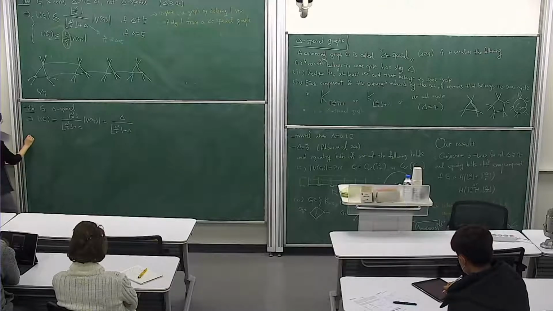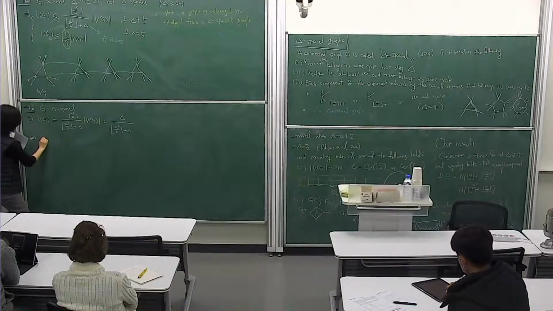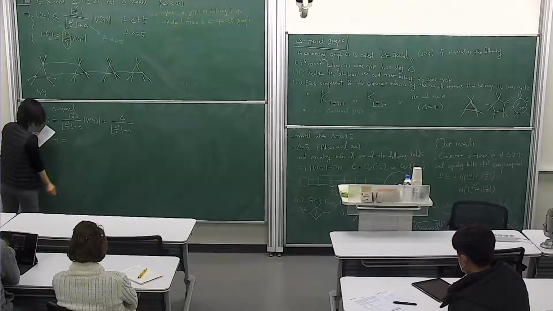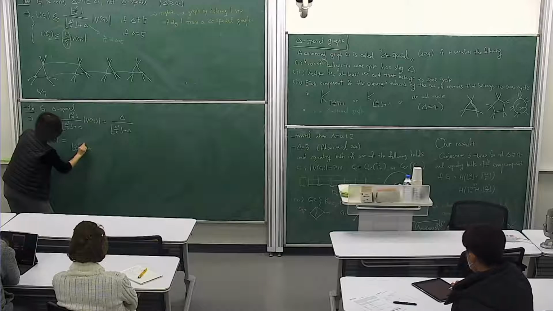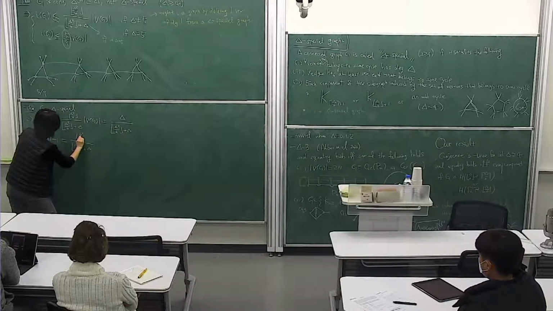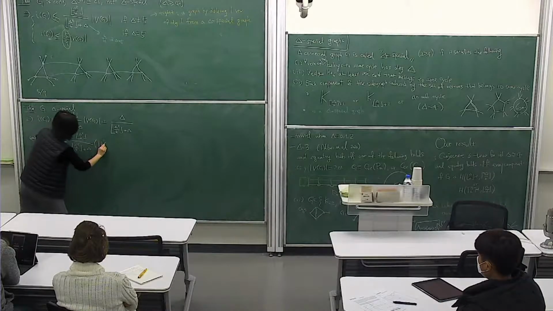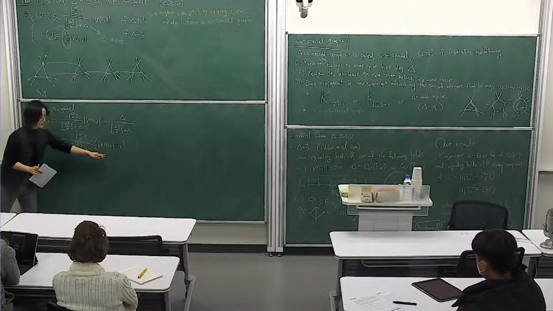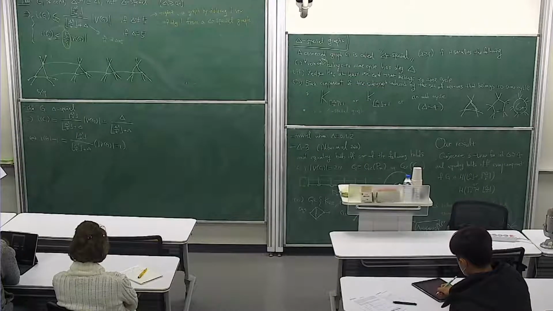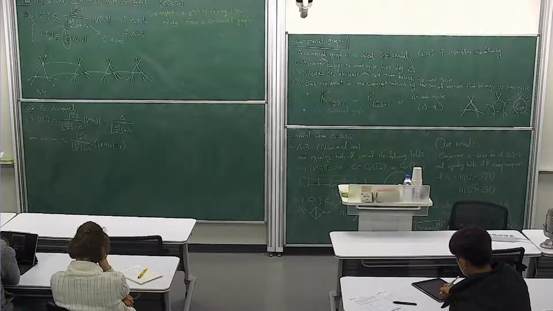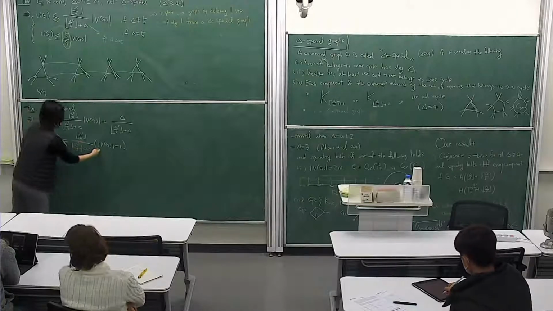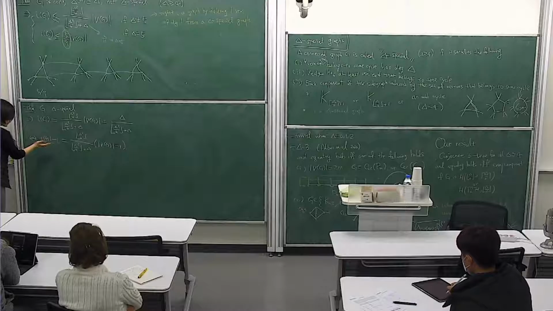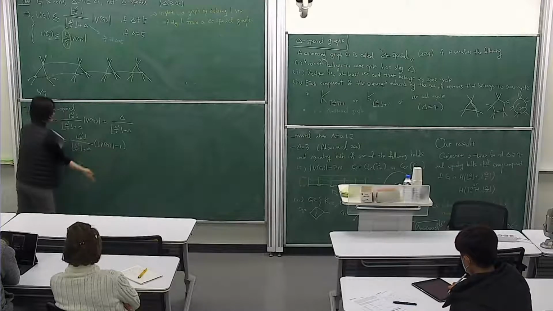Actually, this is equivalent to: I(G) minus 1 is this number times the vertex number. So somehow it's very strange, but I(G) is not linear in this number, but I(G) minus 1 is linear in this number.